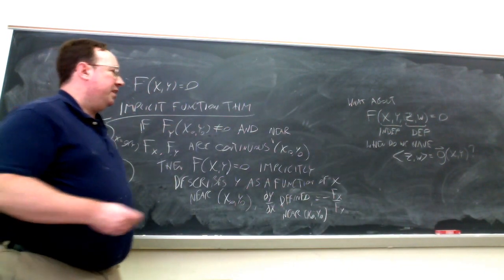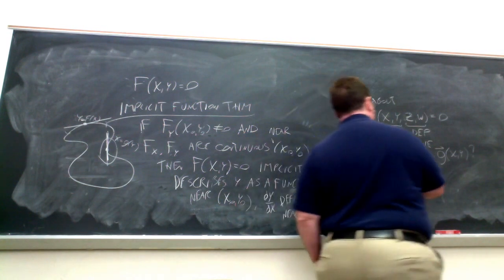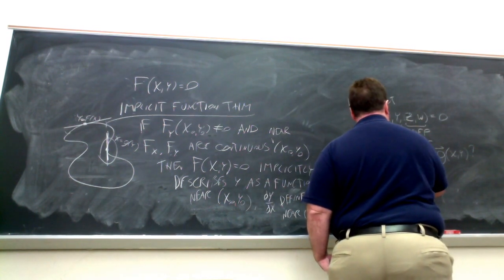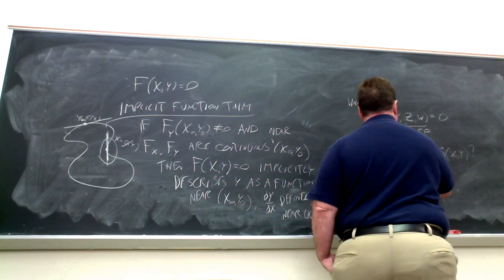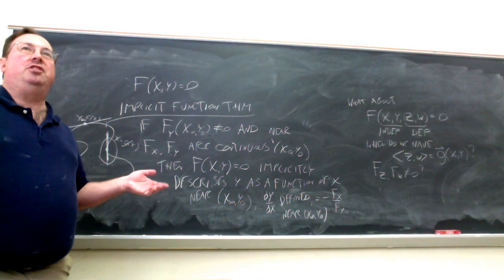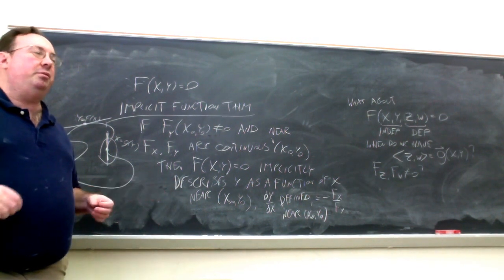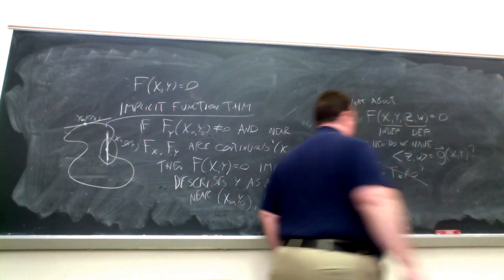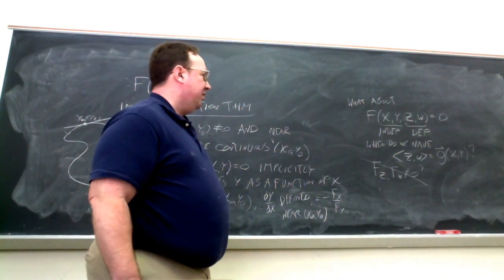And you might think the condition is maybe you need partial of f with respect to z and partial of f with respect to w being non-zero, because that would be similar to what we've required before. But it turns out that is actually not the condition.